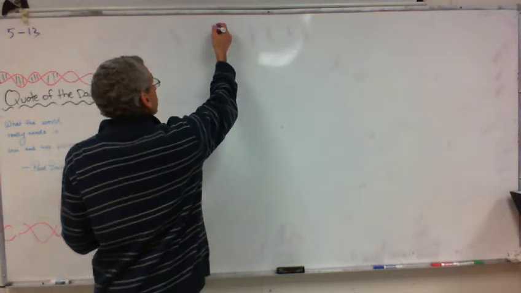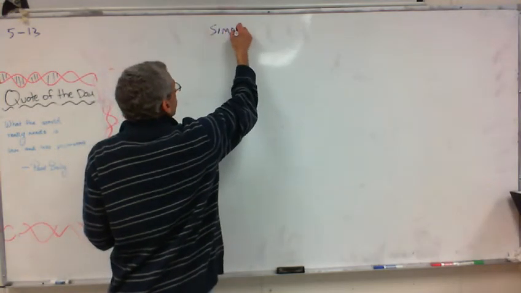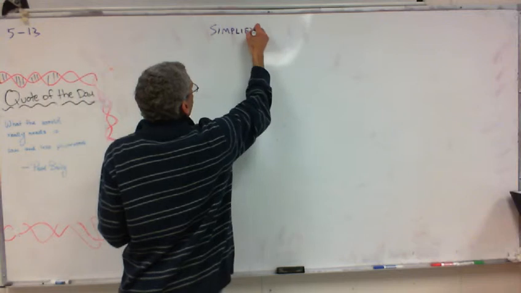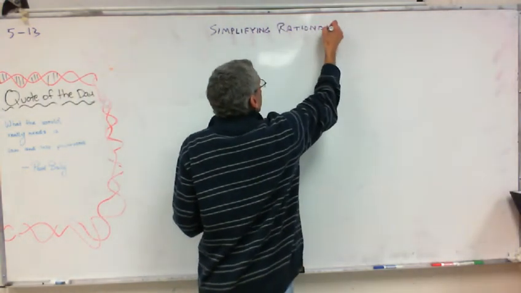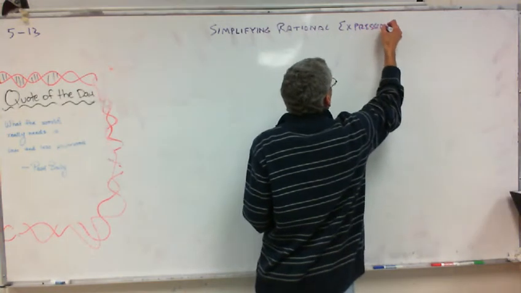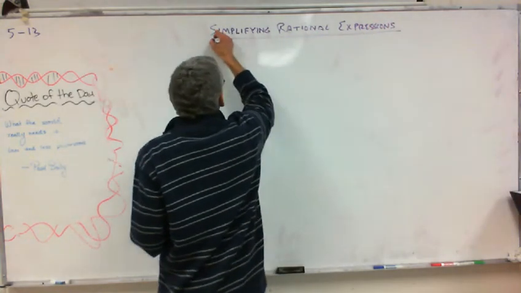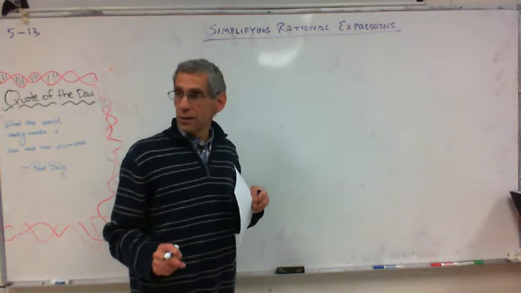Now, we're going to do simplifying rational expressions. You guys already know how to do these, but there's a trick on one type that I haven't taught yet. And you will think that there's no way to solve this when you see it.